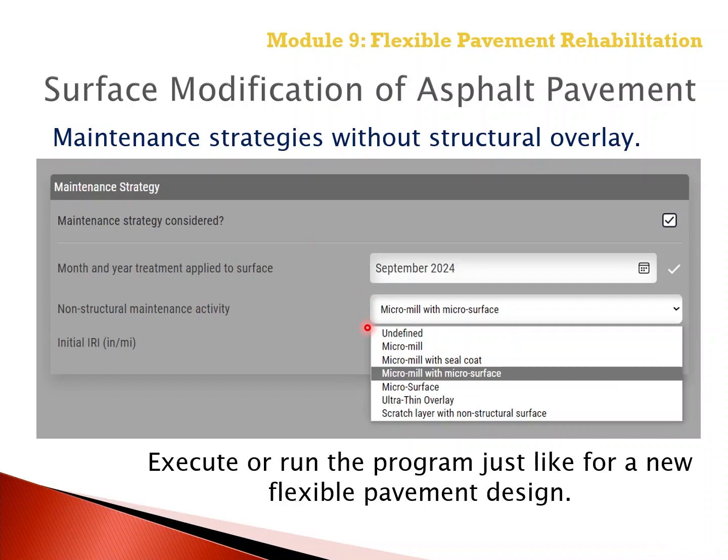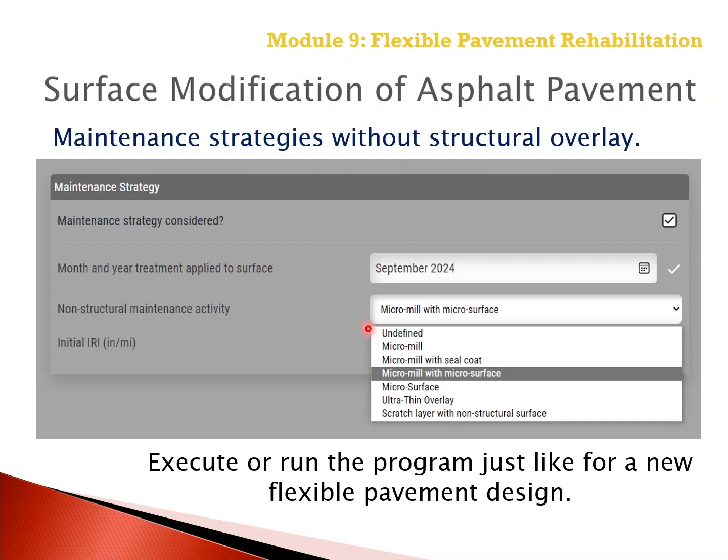So remember, these activities of surface modifications are non-structural and are less than 1 inch in thickness. The type of maintenance or surface modification has really no impact on the distress prediction other than the initial IRI after placement. The distress predictions or calculations are the same as for new flexible pavement.